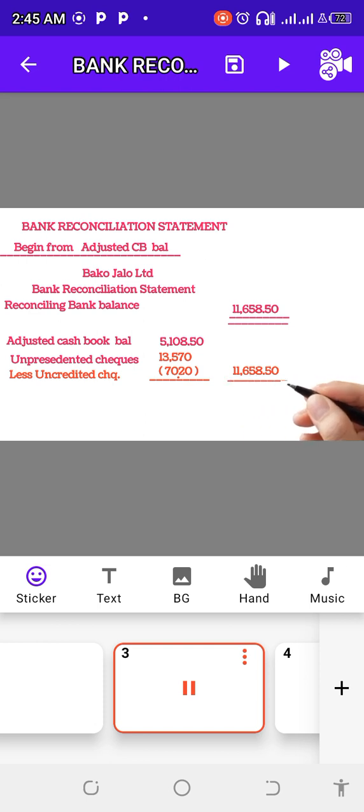So by this, we say we have reconciled the cash book balance with the bank balance. That is what we have just done. Are there any questions?